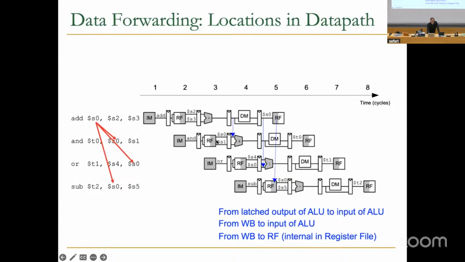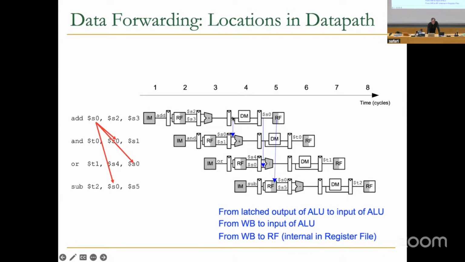So and went through the pipeline while add was executing, and it fetched from the register file the wrong value of S0, the old value, which is not updated yet. But we also realize, because we designed the pipeline, that add produces its value here, and we can supply that directly to the input of the ALU at the beginning of the 4th clock cycle.